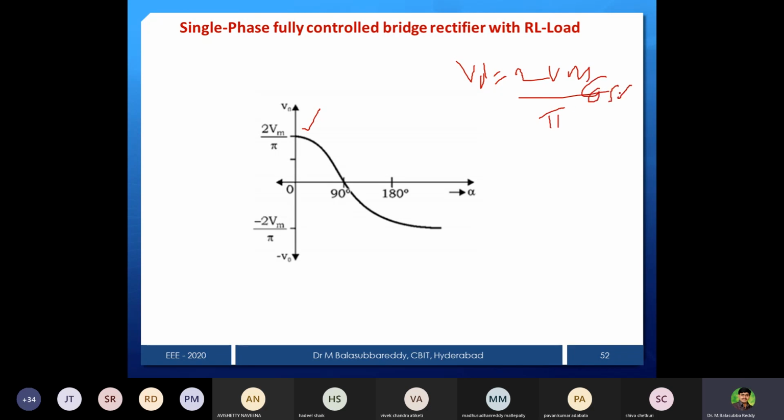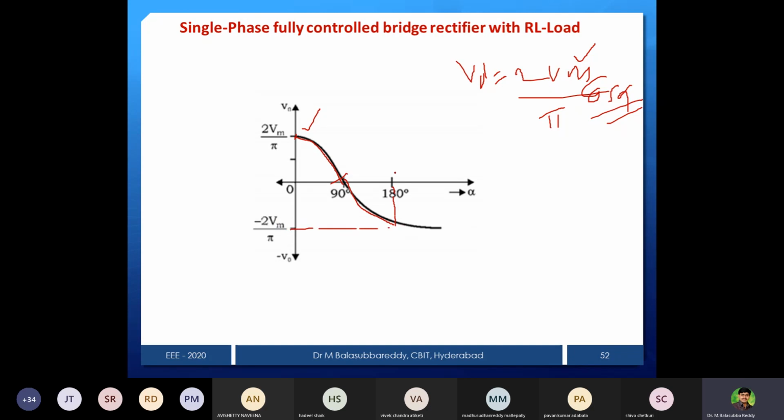Now when alpha is 0, 2 Vm by pi is the maximum we get, and as we go on increasing alpha it gradually decreases, and once alpha reaches 90 degrees, cos 90 is 0 and the total output will be 0. If we increase beyond 90 degrees, the output becomes negative, and gradually it develops negative. Once it reaches this point, the magnitude will be minus 2 Vm by pi.